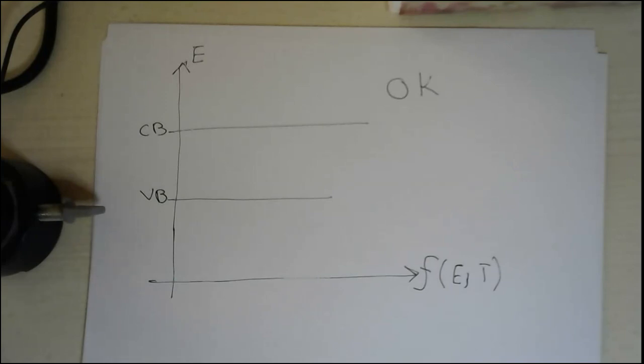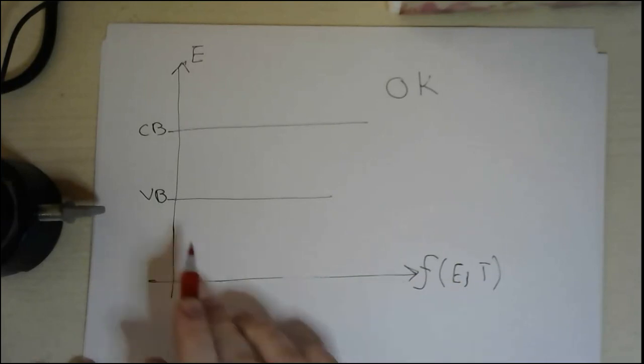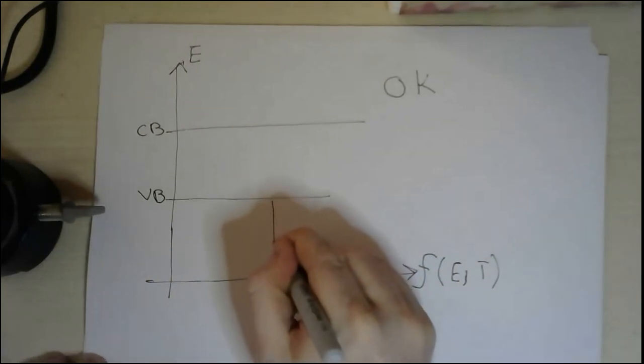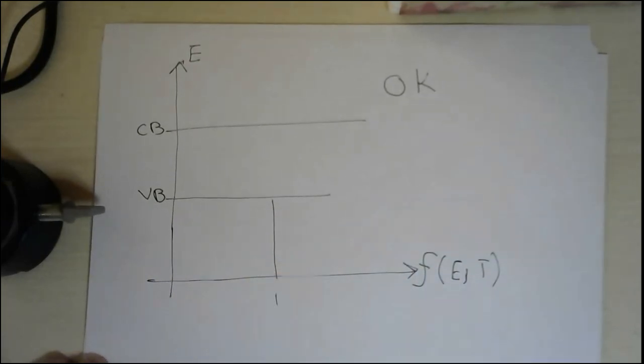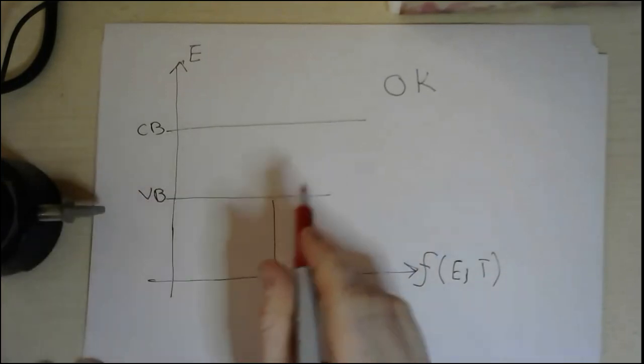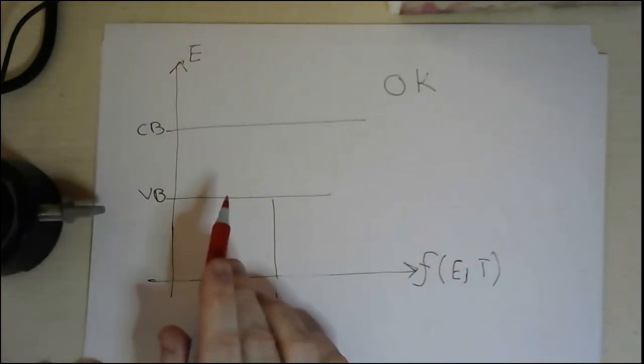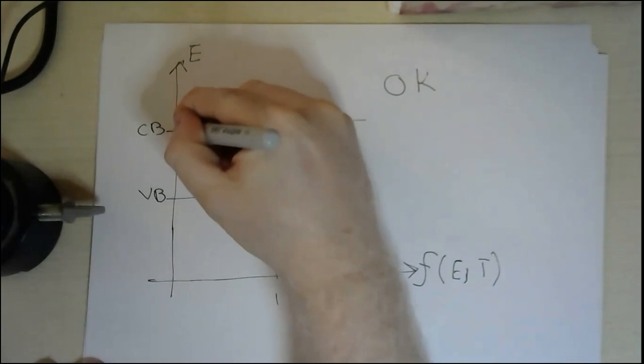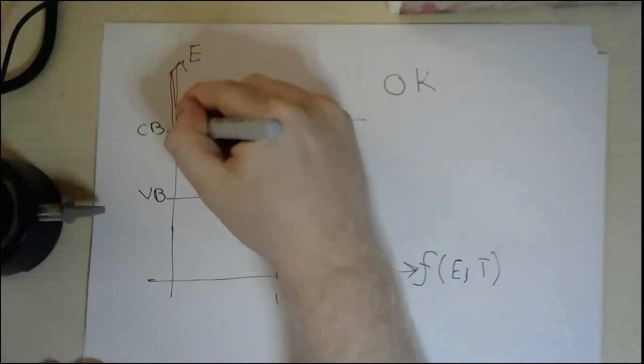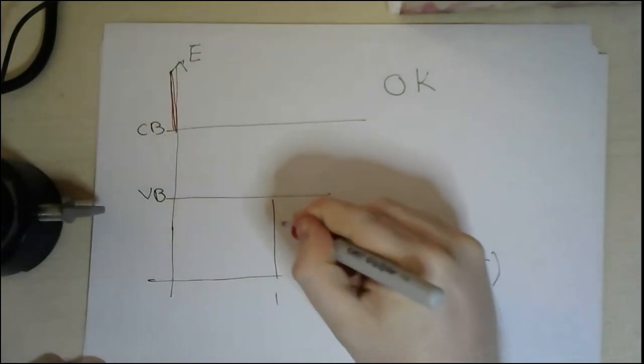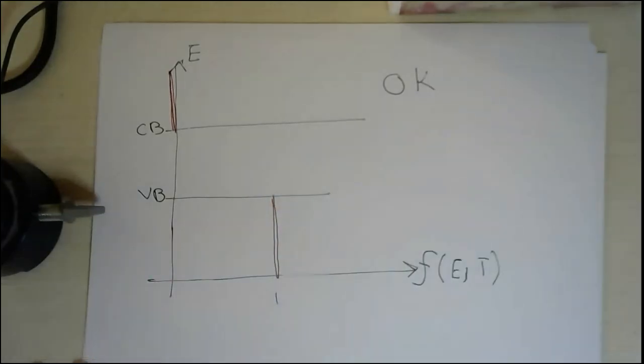So, as you are good students in probability, you can easily say that the probability to find an electron in the valency band is equal to 1, while the probability to find an electron in the conduction band is equal to 0. Very simple.